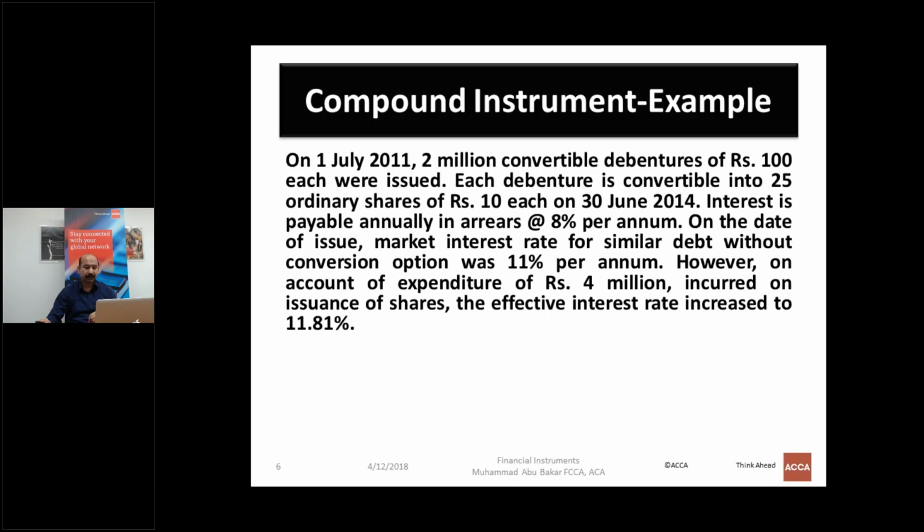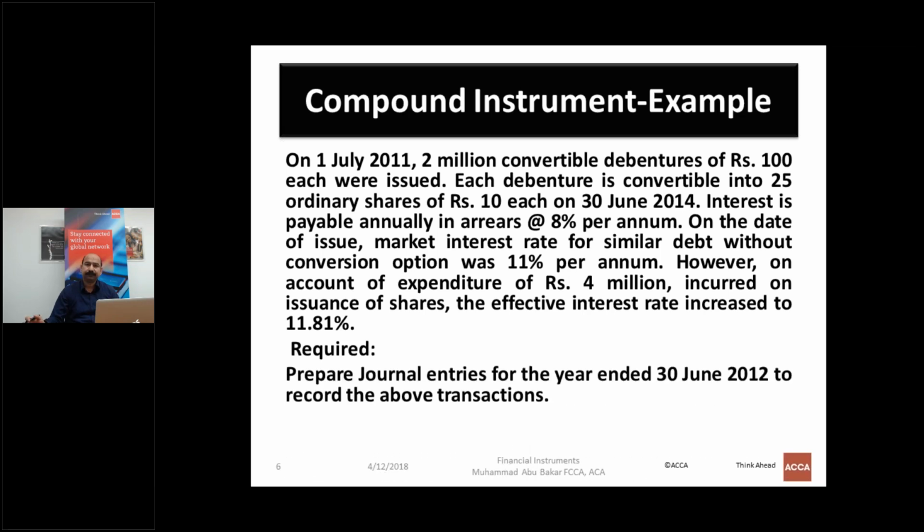So we will do this with the help of this small illustration, which I tried to write on a Word document yesterday, but now the whole scenario is in front of you. I shall be reading it with you, and then of course we shall be discussing the concept of issue cost and how can we treat that issue cost with the help of this illustration.